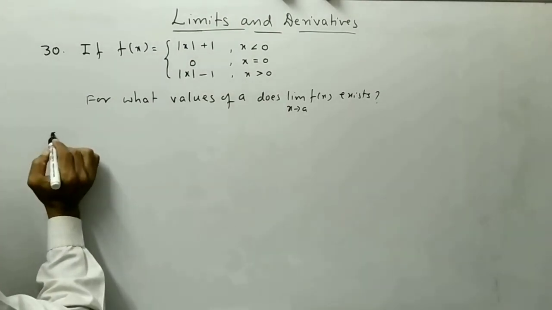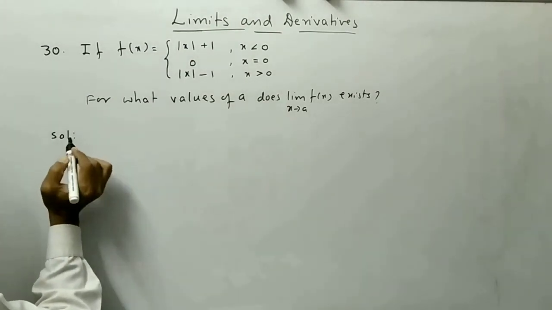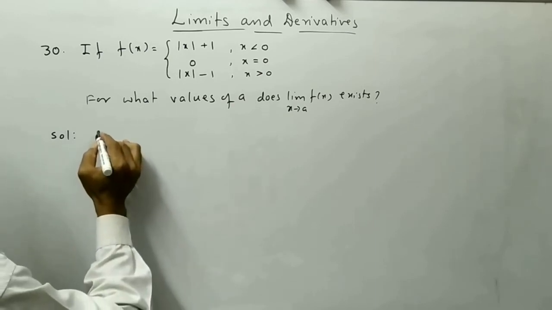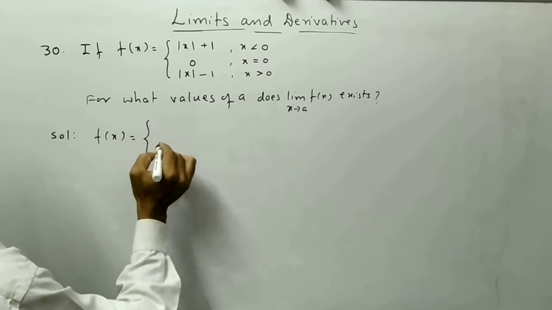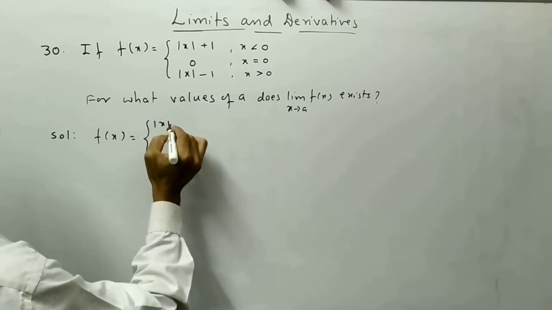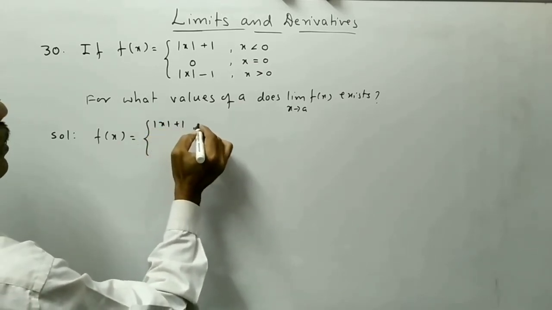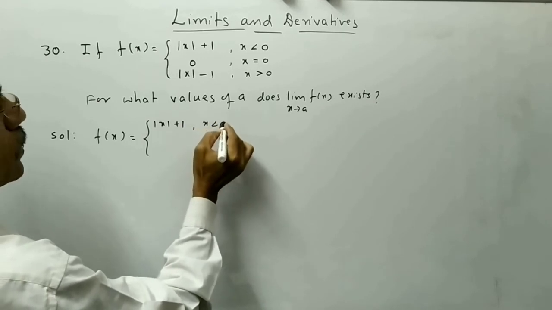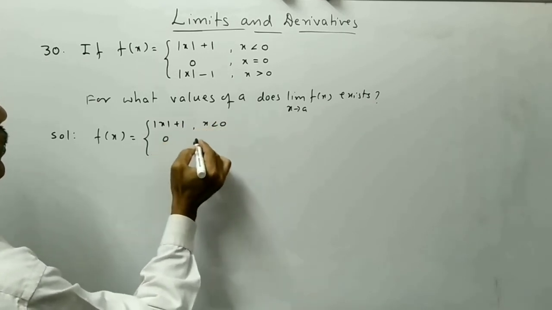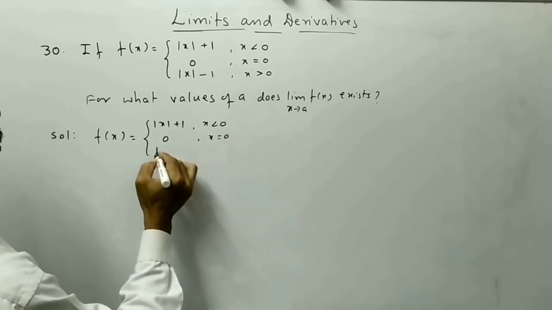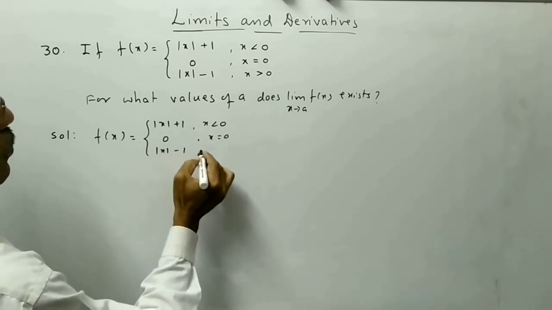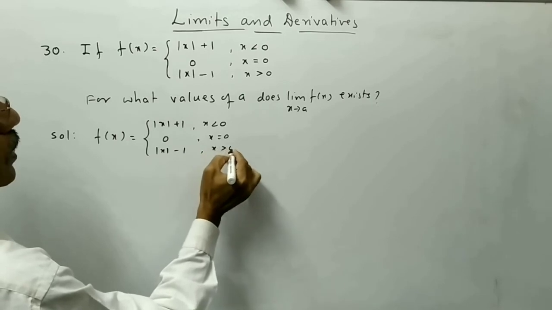Solution. f of x is equal to modulus of x plus 1 when x is less than 0, 0 when x is equal to 0, modulus of x minus 1 when x is greater than 0.